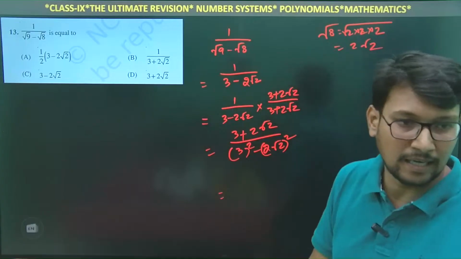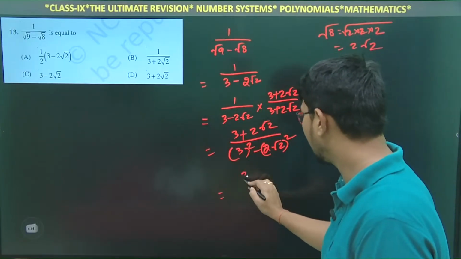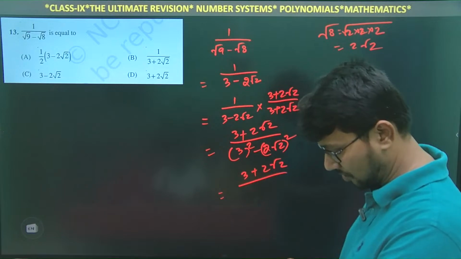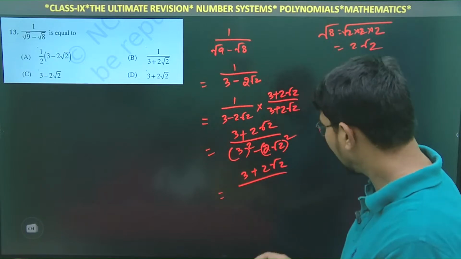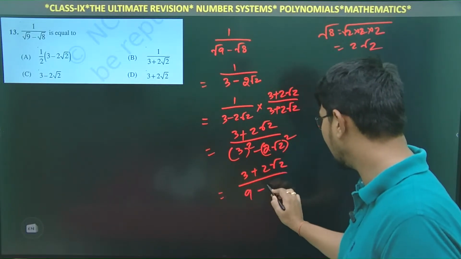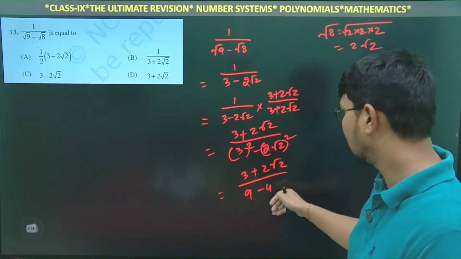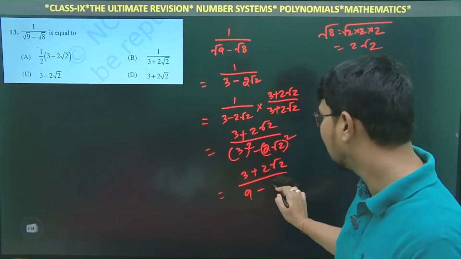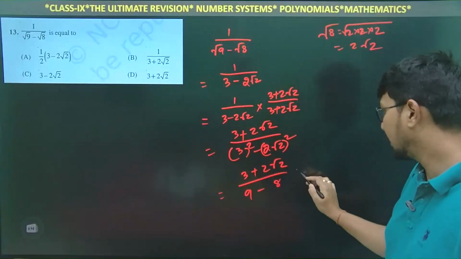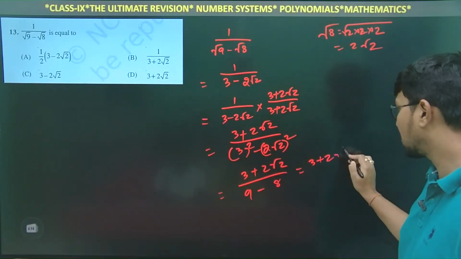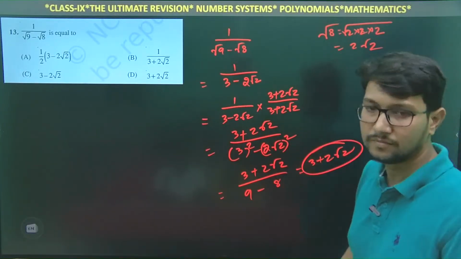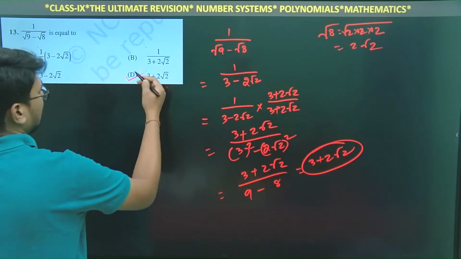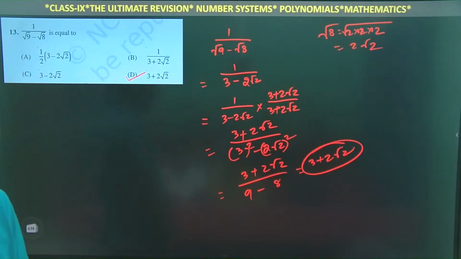Is that clear, everyone? So this will be 3 plus 2 root 2 by how much? 9 minus 4 into root 2 into root 2, we can write 8. That is 3 plus 2 root 2. Which one is the correct answer? Option D. Got it? Clear?